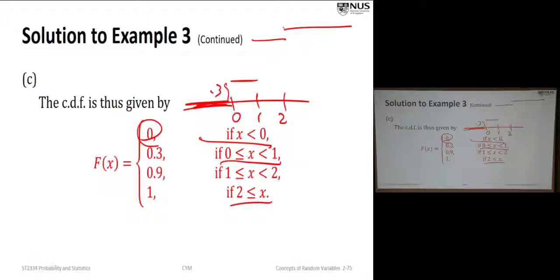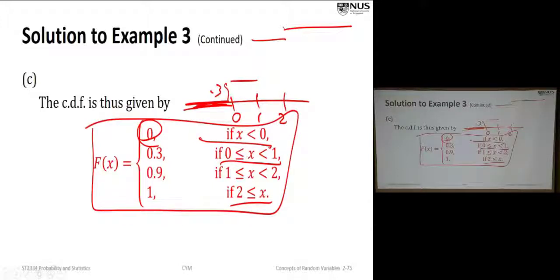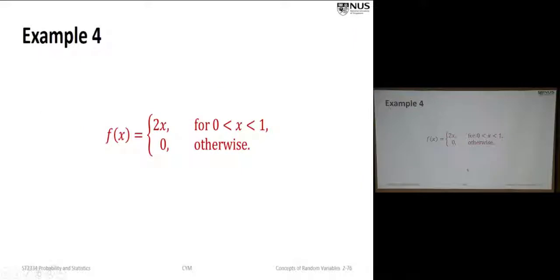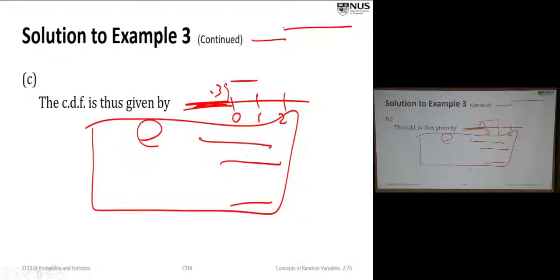So this is the CDF, and this is the graph. I divide x into 4 parts: minus infinity to 0, 0 to 1, 1 to 2, and then 2 onwards. Each one has its own value for the CDF. Okay, I think I'll stop here. All right, we'll continue next week.